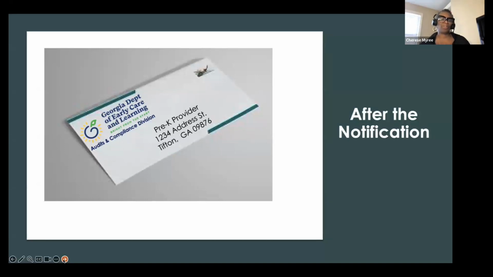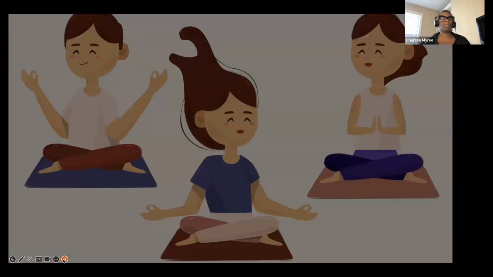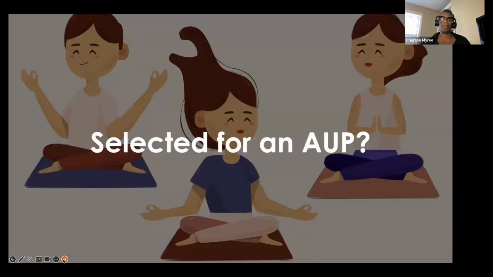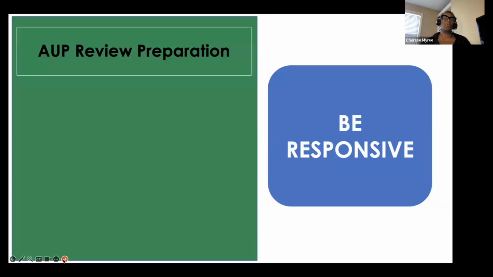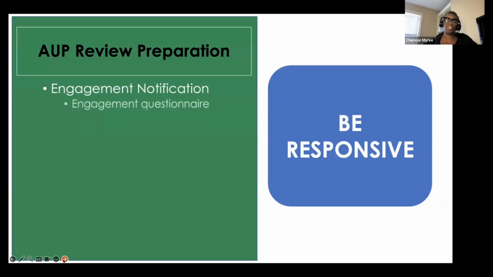So after you get the notification that you are selected for an AUP, first thing you want to do is not get overwhelmed, right? You want to be responsive. So you want to make sure that you acknowledge receipt of the engagement notification. You're going to receive a questionnaire. That questionnaire is going to ask you some questions about how you actually operated pre-K.